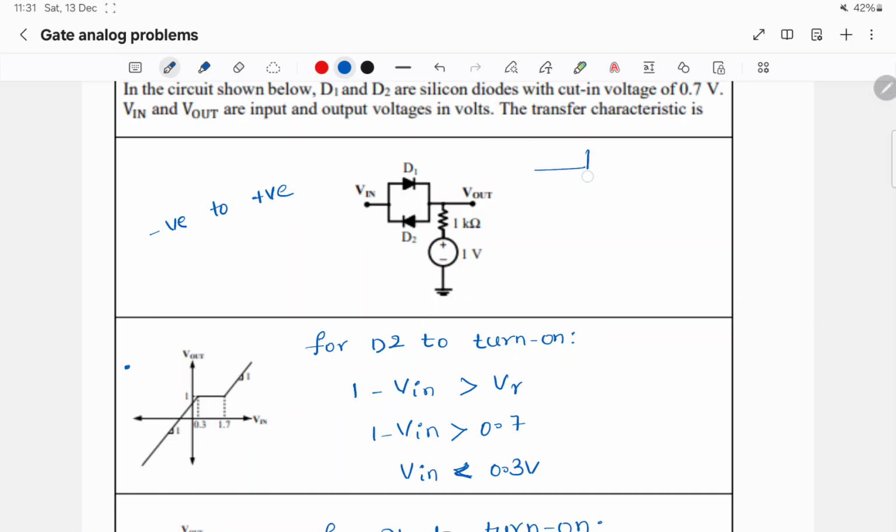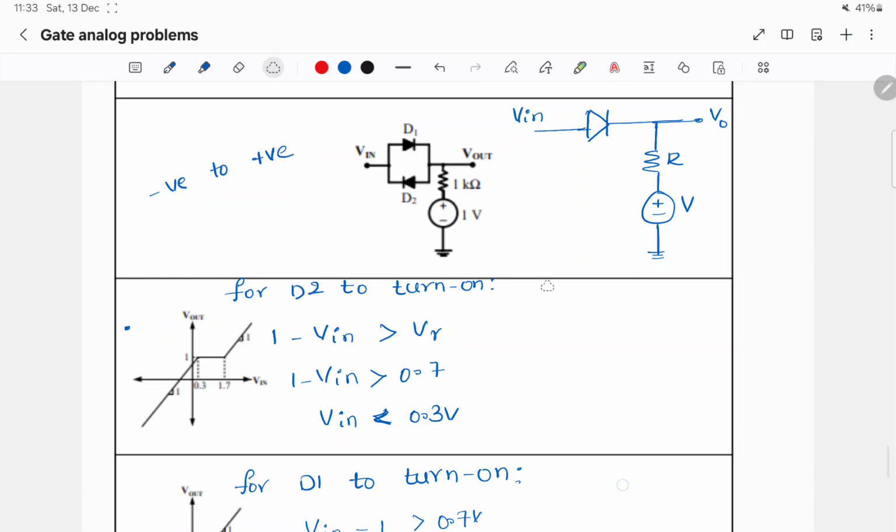Let us say I have a diode and it is connected to some potential like this, V, or this is Vn. For this we need to find something called a breakpoint.